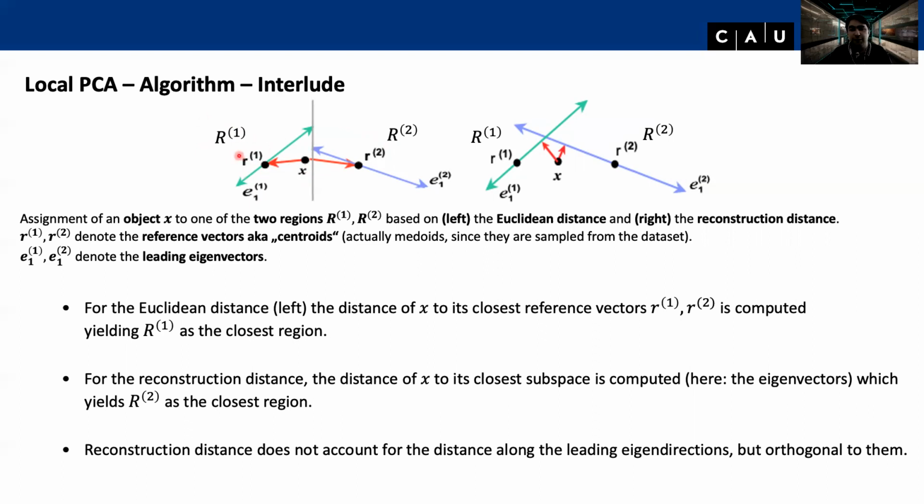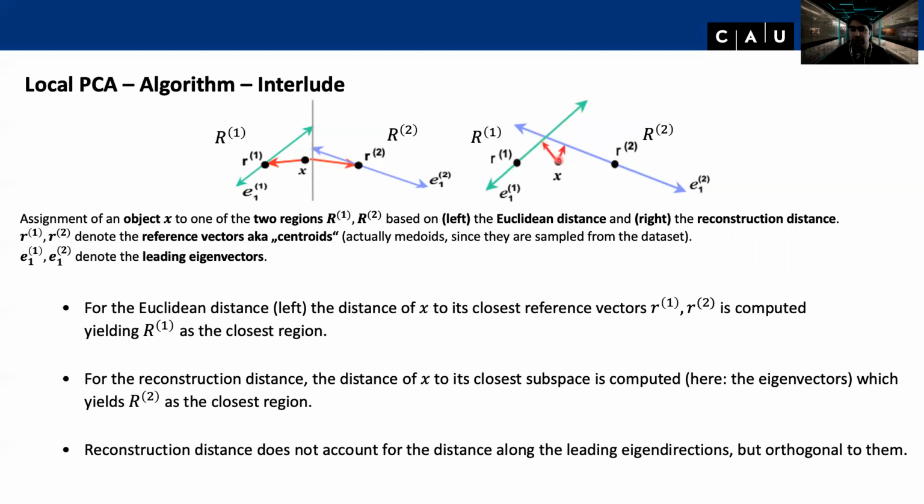But what happens if we use the so-called reconstruction distance? Then I wish to guide your attention to the right-hand figure. Here we are not computing the distance of x to any of these centroids or prototypes, but orthogonal to the computed first principal component.